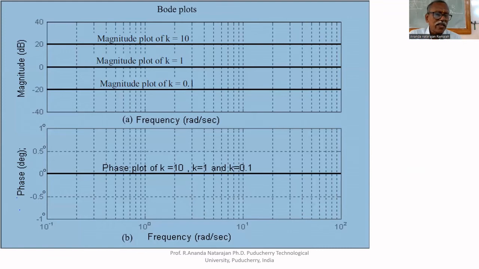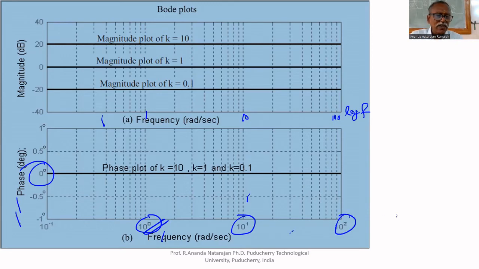For all values of k, the phase plot is 0 degree only. Here, frequency will be marked as 1, 10, 100 on log f. Or 1 can be written as 10 power 0, 10 as 10 power 1, 100 as 10 power 2, and 0.1 as 10 power minus 1. Like that also you can write.